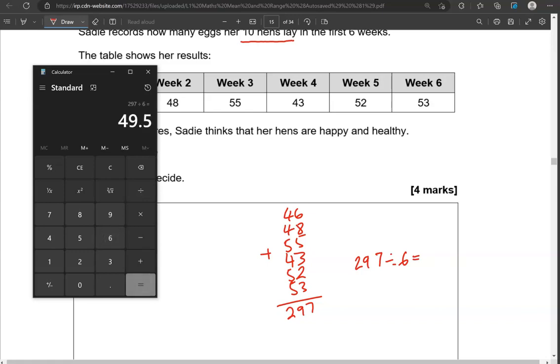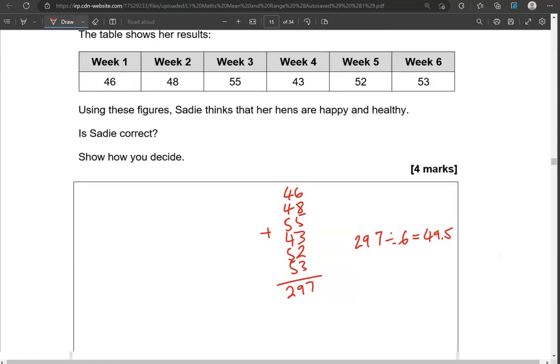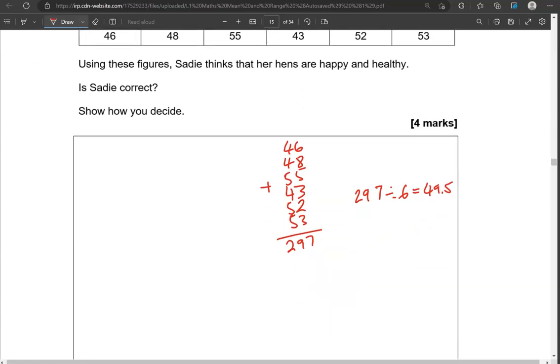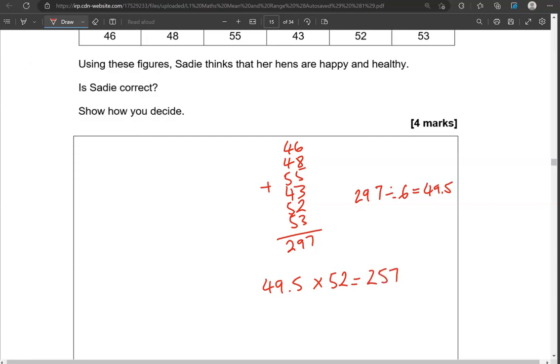That gives us 49.5. So I'm going to multiply this by 52 to get it per year. So 49.5 times 52, which is 2,574 eggs on average per year for the 10 hens.